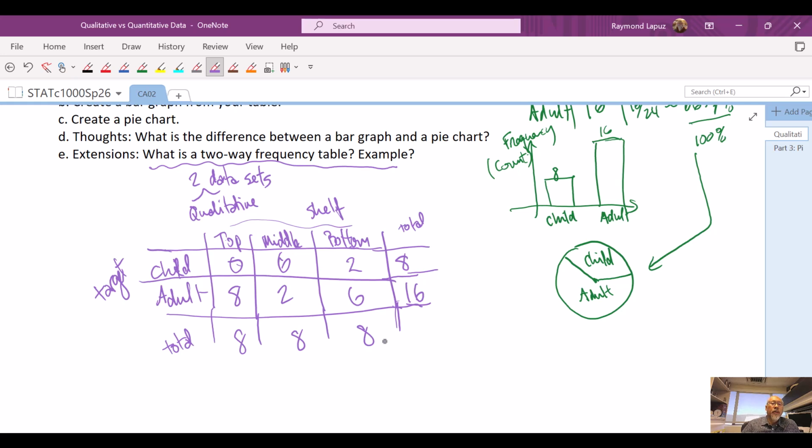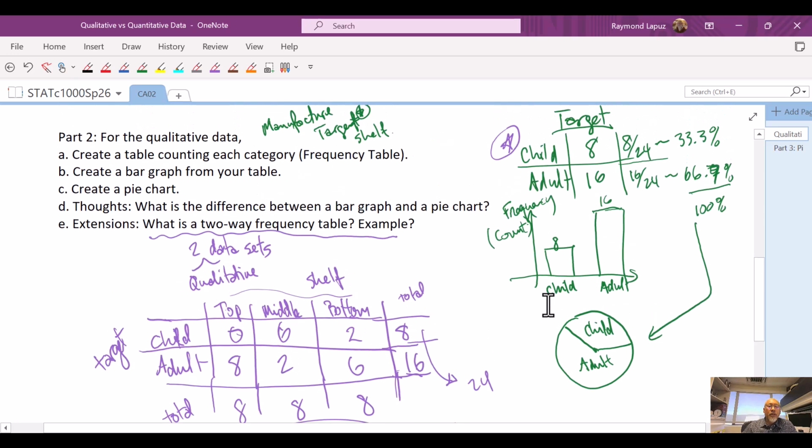Okay, and then whether you add these 2 things up or we add these 3 things up, the total is always going to be 24. That's the total number of cereals altogether. Okay, so that is our cereal count for the qualitative data.